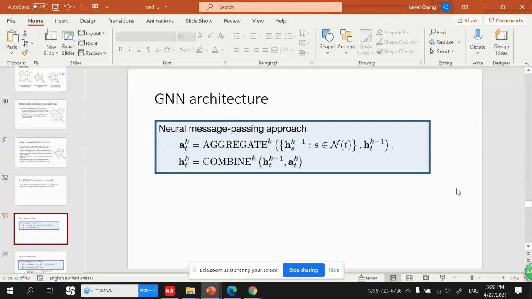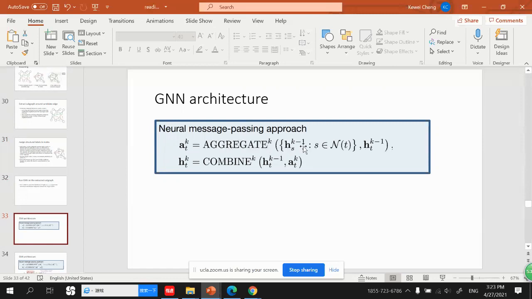And then the design of the GNN architecture just follows the idea of the neural message passing approach. As we know, the neural message passing approach contains two steps. The first step is that it tries to aggregate all its neighbors at the previous layer.